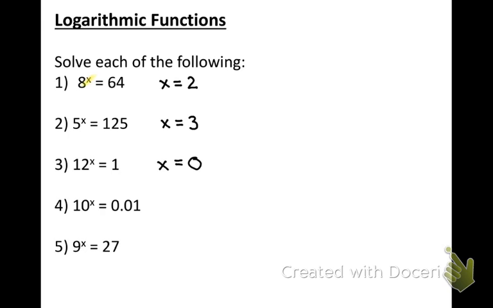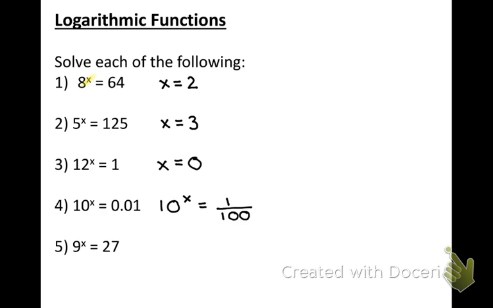Now, this next one we have to give a little more thought to. I'm just as guilty as you probably are of reading that decimal as 0.01. But if I read it in my proper snooty mathematical language, it would really be 1/100th. So it's in the hundredths place. So we might be tempted to rewrite this as 10 to the x equals 1 over 100.